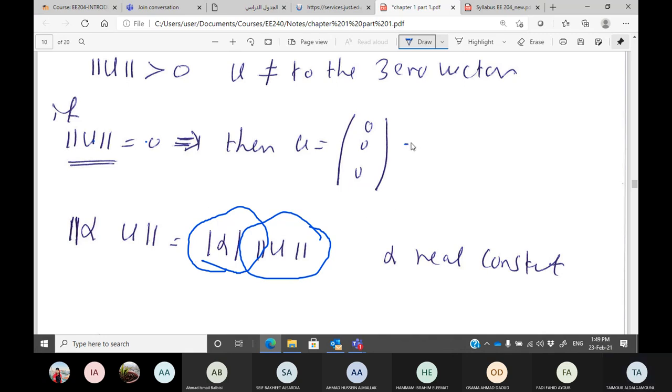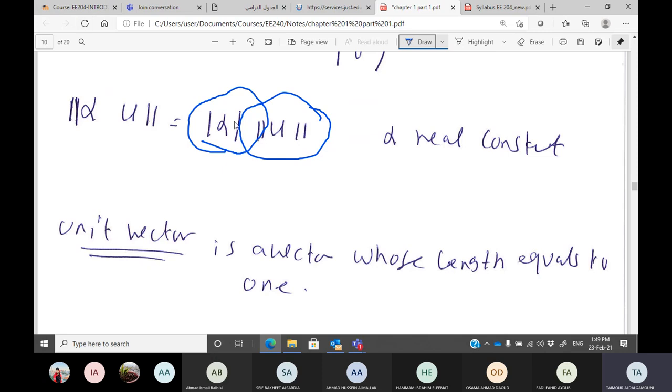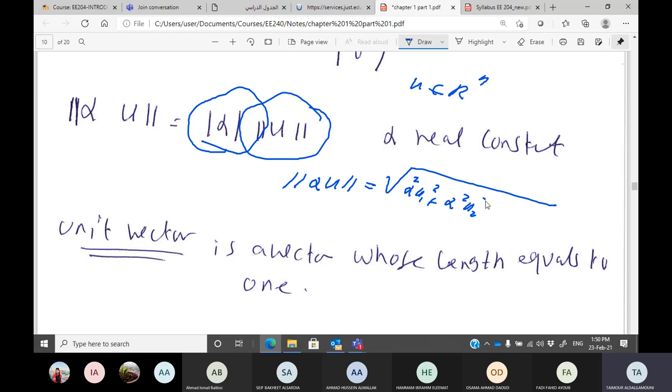So if u belongs to Rn, and we need to find the norm of alpha times u, this means that we are looking for the square root of alpha square u1 square plus alpha square u2 square plus alpha square u3 square plus, till we reach, alpha square un square.